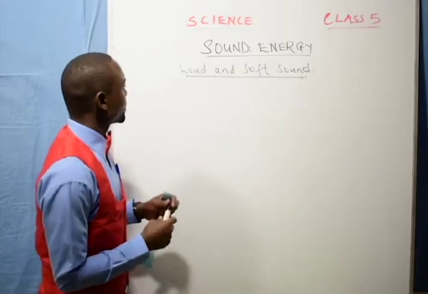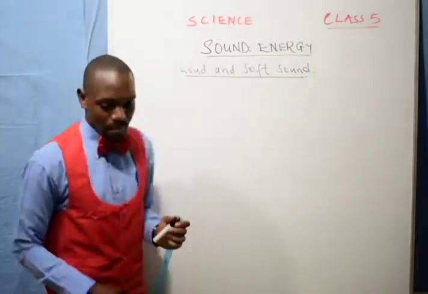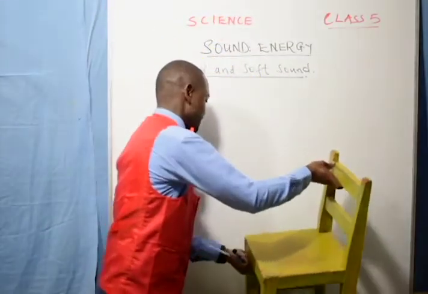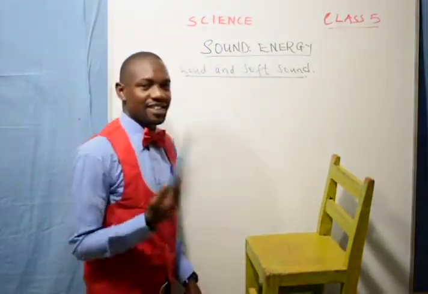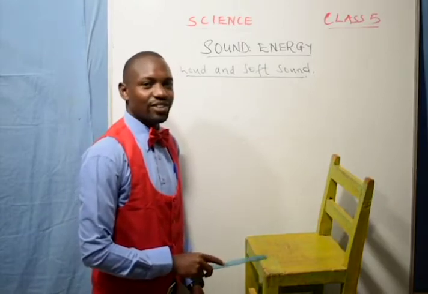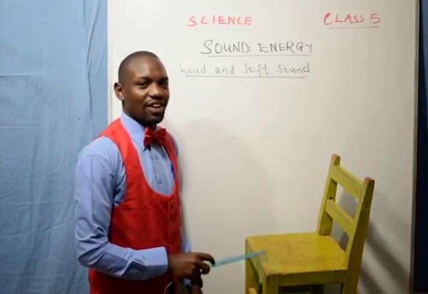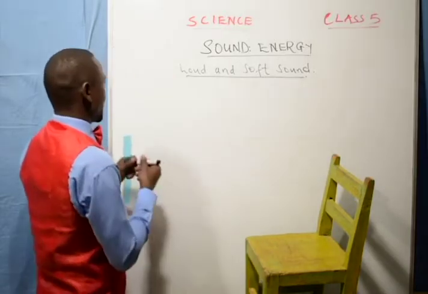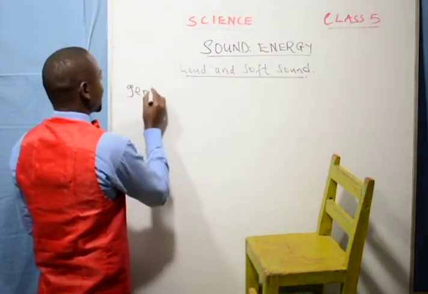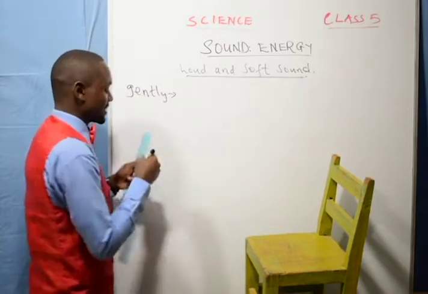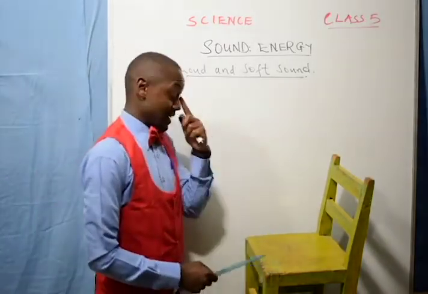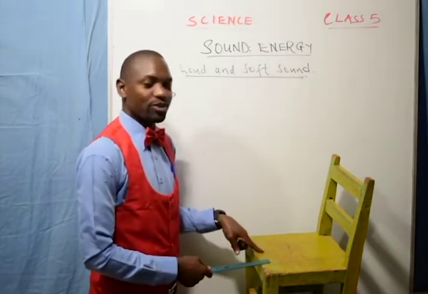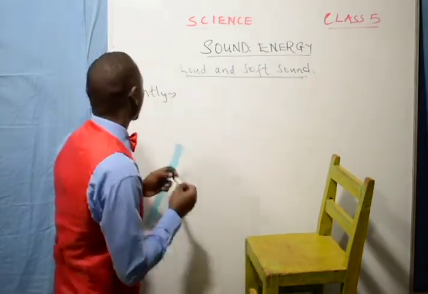I have this chair here. Once I hit this chair using this ruler, you can hear it is producing sound. I'm hitting it gently. But now I'm still producing sound, but I'm hitting it hard.